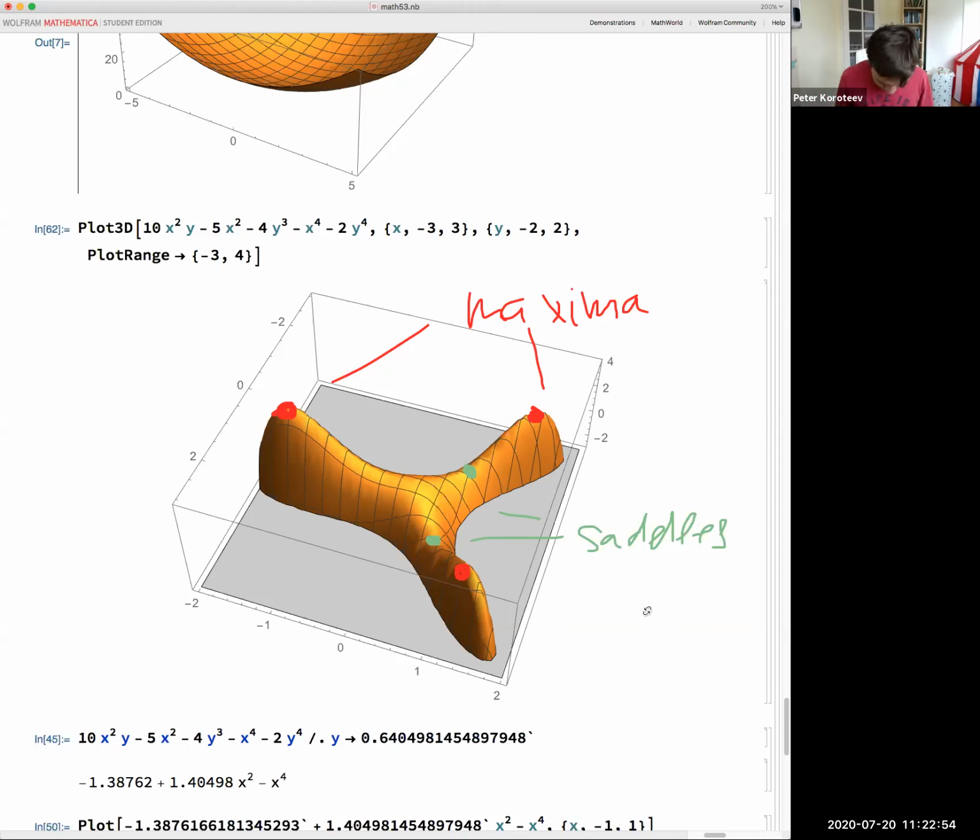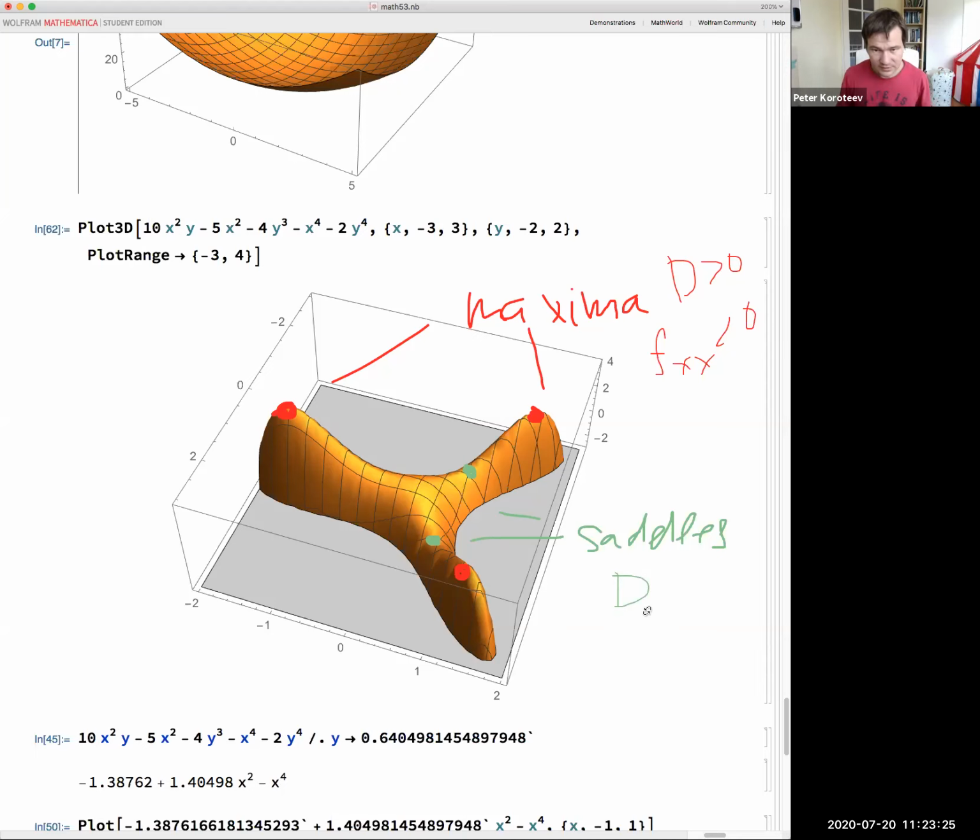So in those maxima, the determinant was positive, excuse me, and the fxx was negative. And in the saddles, the determinant was negative.